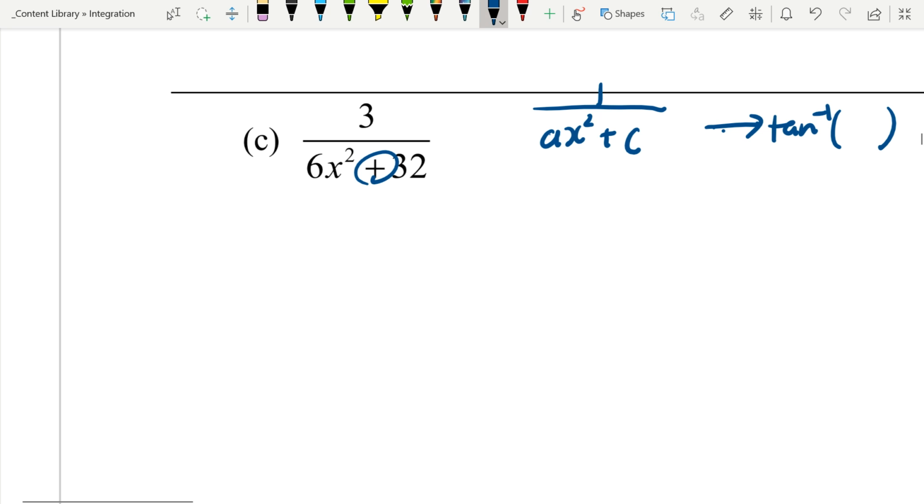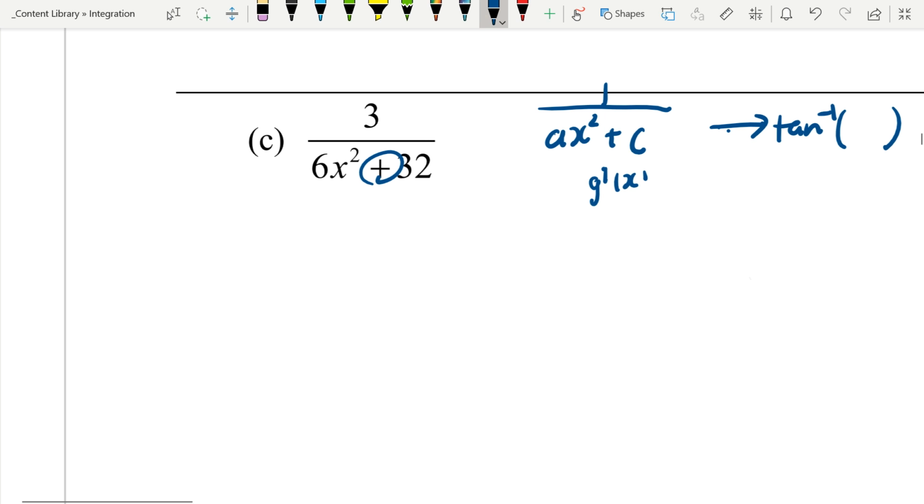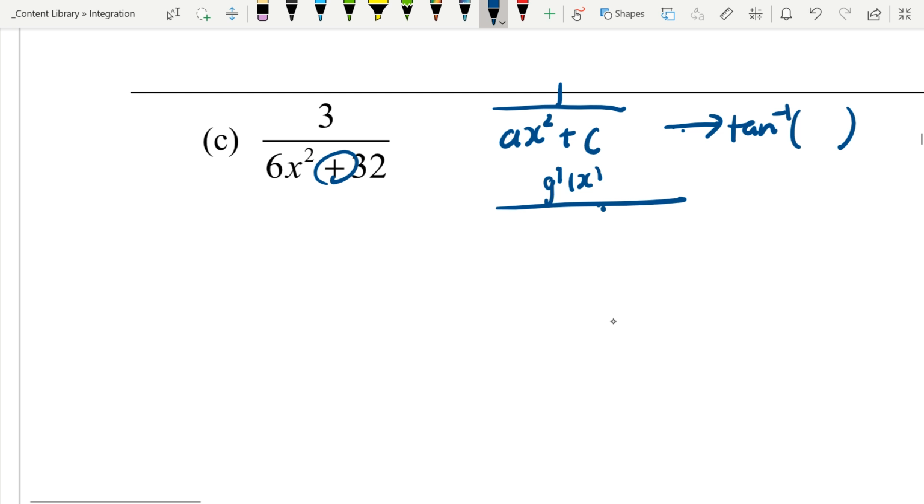So again, tan inverse, I need g dash x over 1 plus gx squared. Okay, so that's the form I need to do the antidiff.